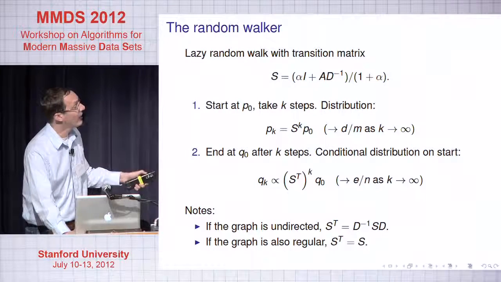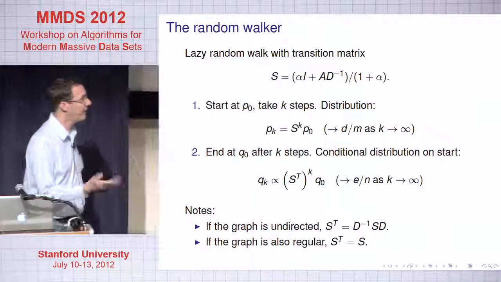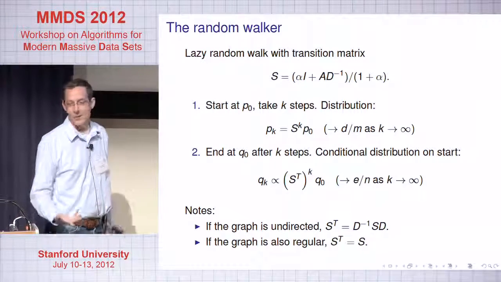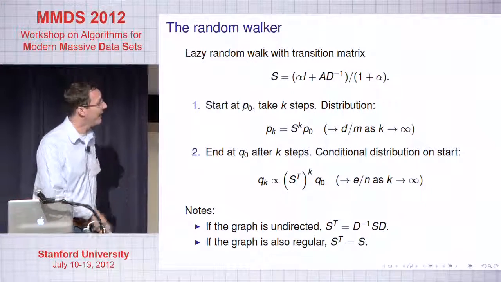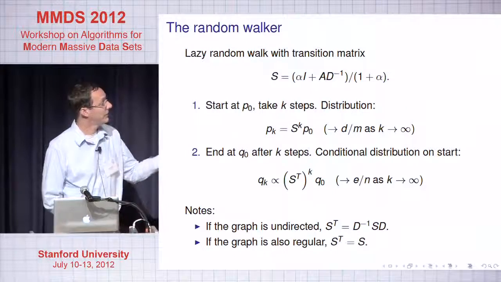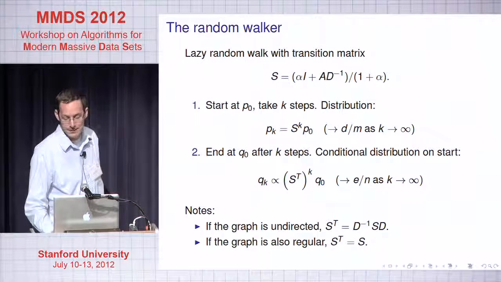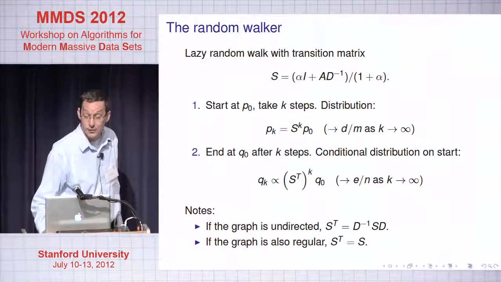And that thing is going to a constant vector as time goes to infinity. So given a uniform prior, if I run things for a long time and say, where did this start, you have no idea. So if the graph is undirected, these two, S transpose is similar to S. This is usually what I think about. S transpose and S are the same thing if the graph is also regular.